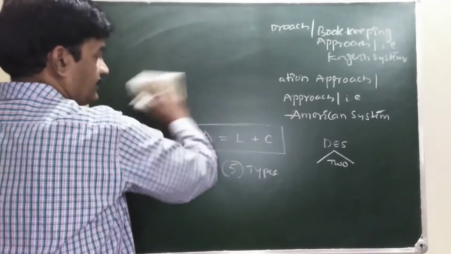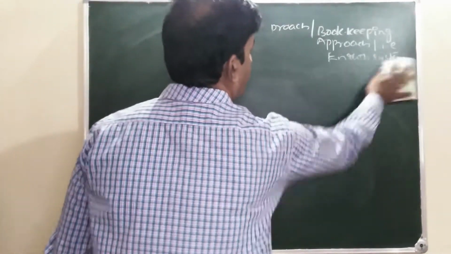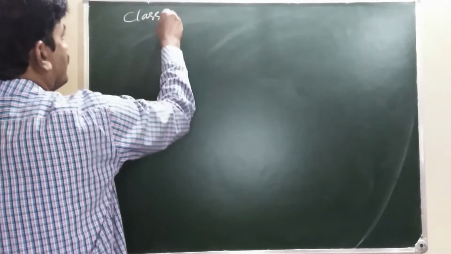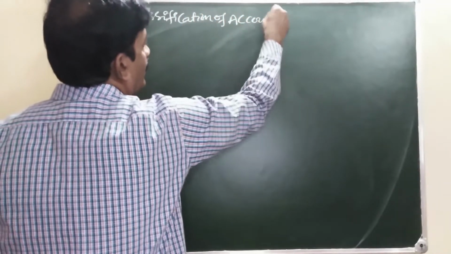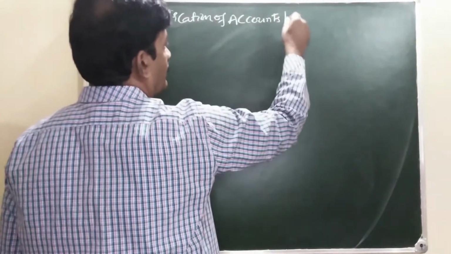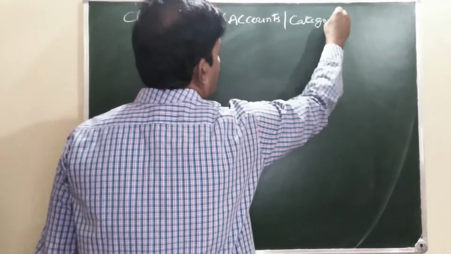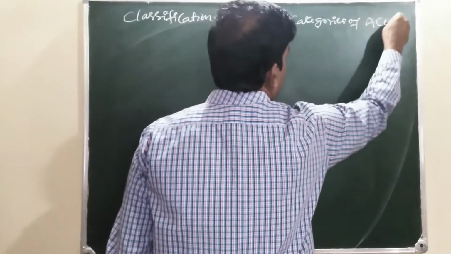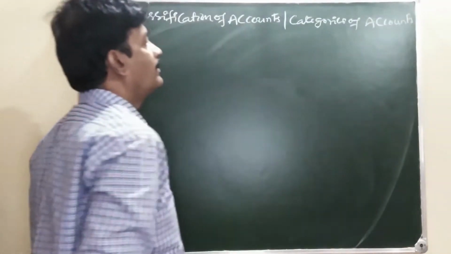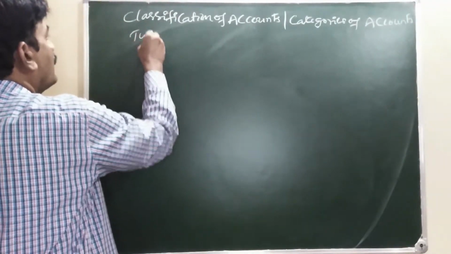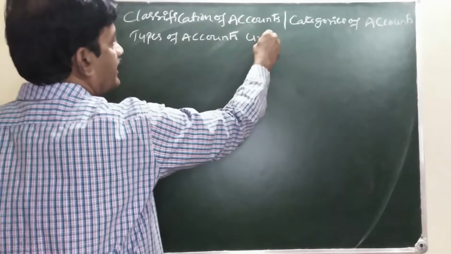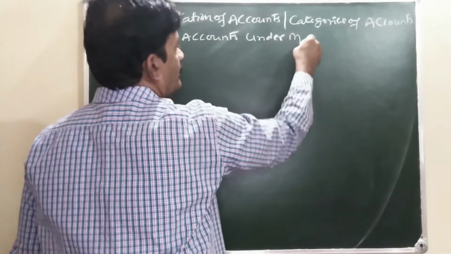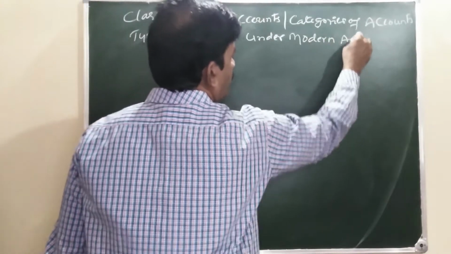One by one. Classification of accounts, or categories of accounts, or types of accounts under modern approach.